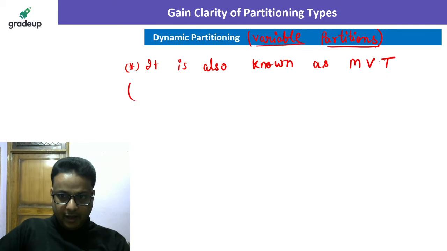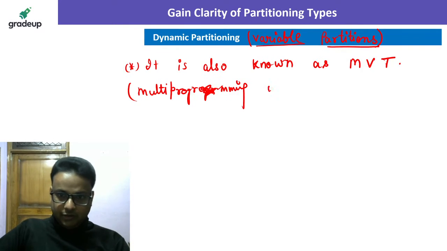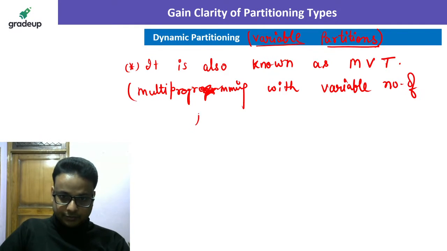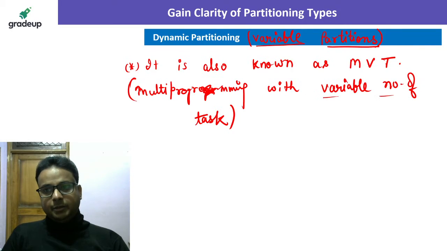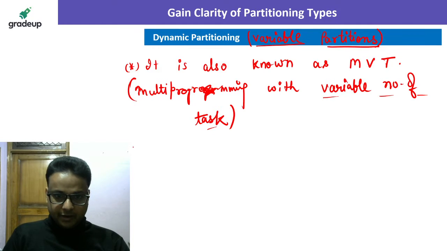What do we mean by MVT? Multi-programming with a variable number of tasks. Multi-programming with a variable number of tasks is known as dynamic partitioning or variable partitioning.